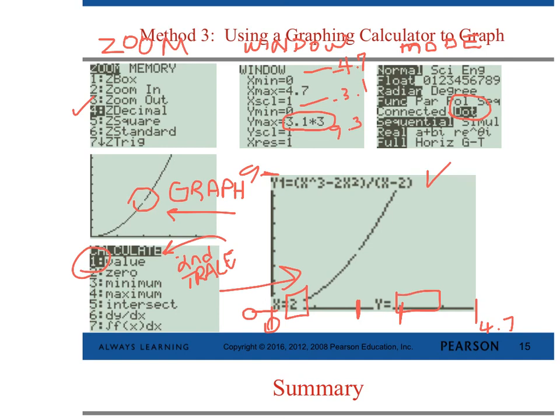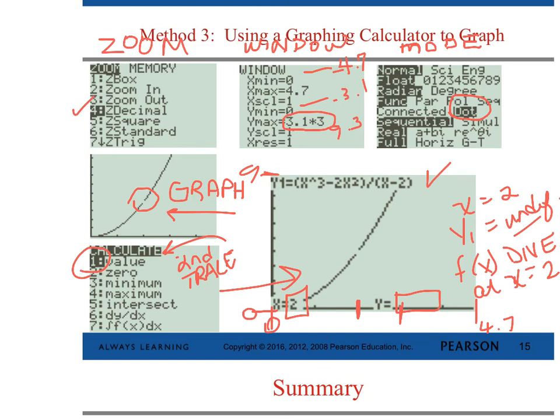And that's because if x equals 2, y1, that function that's in there, is undefined. In other words, f of x does not exist at x equals 2. Does not exist and undefined are sort of the same thing.